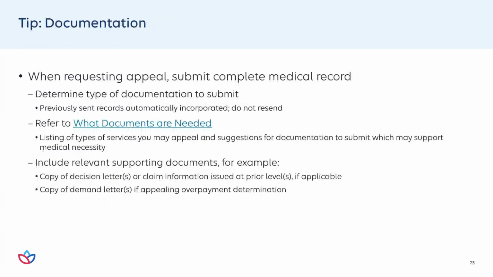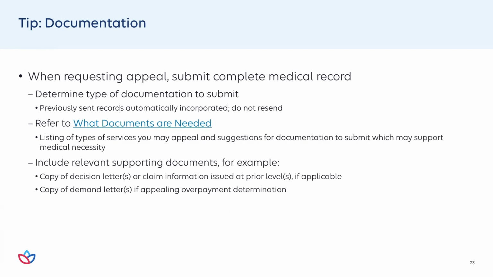So more on documentation here on slide 23. When you're requesting an appeal, you want to submit a complete medical record. Now, some folks take this in a few different ways, but I do want to be clear.